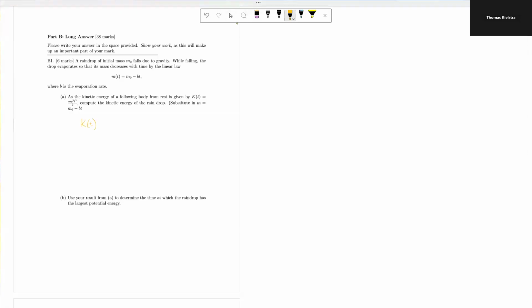Let me change this for a more contrasted color ink.